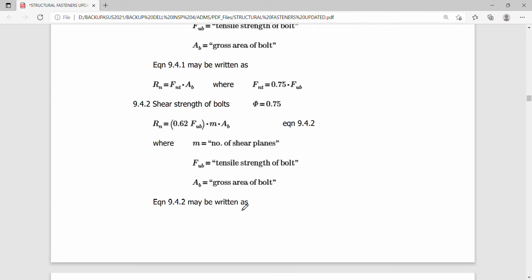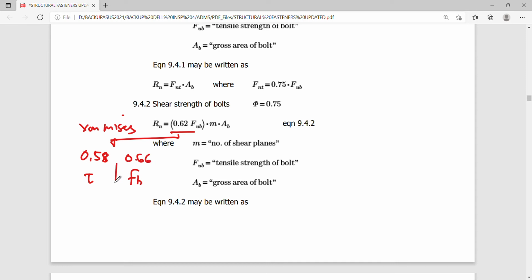So for the shear strength, we are using a 0.62 FUB on the basis of your von Mises criteria, which is actually 0.558. Okay, but since this shear strength has something to do also with the bending strength, we use this tau and FB in between 0.66.